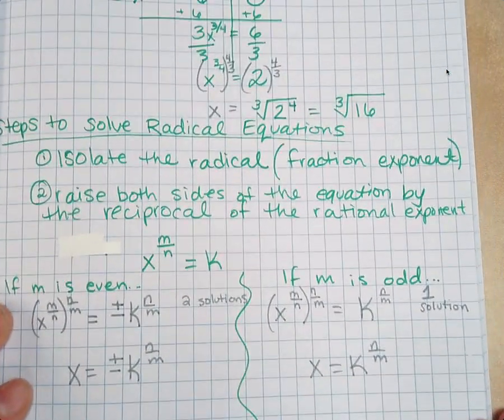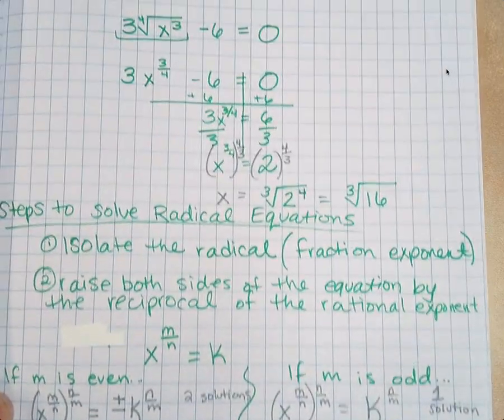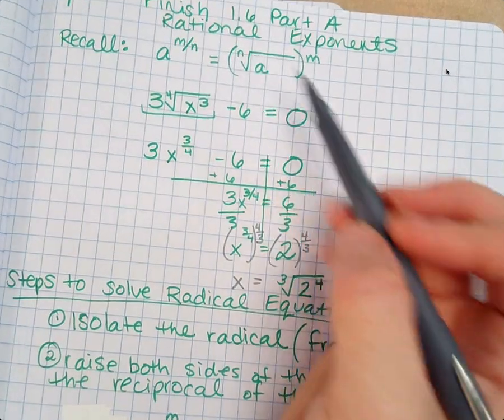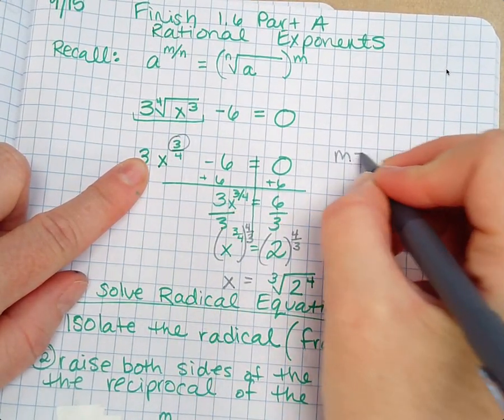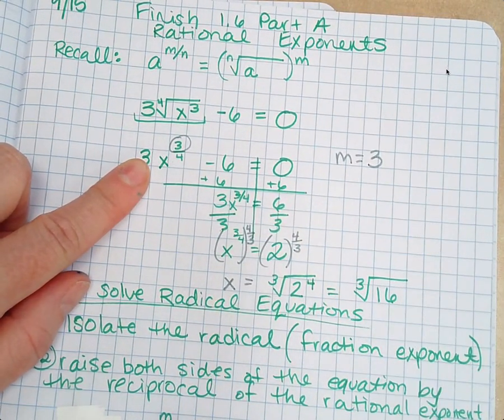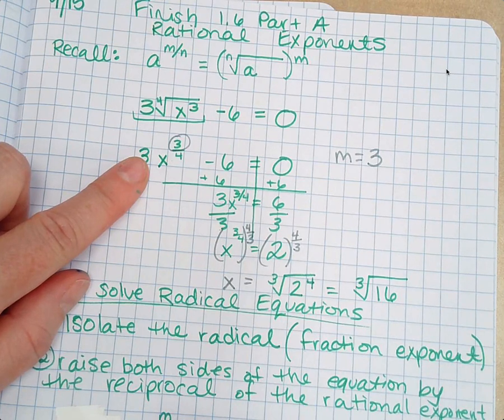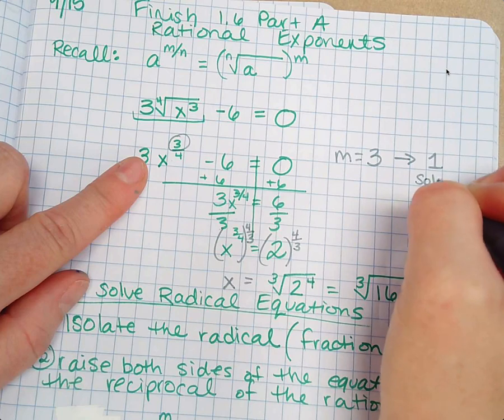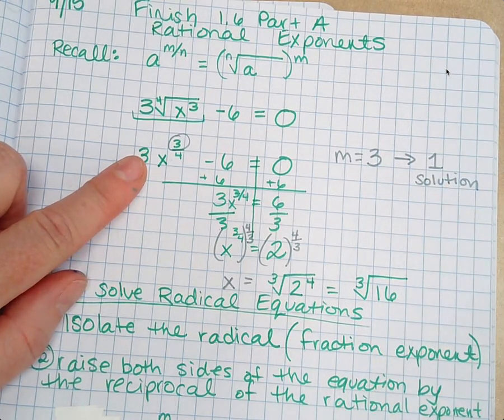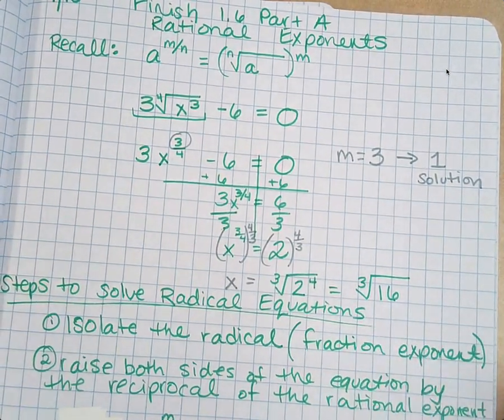So on that first example, what was m? m equals 3, right? Because it's m over n. So that means we are going to have one solution, which was that.